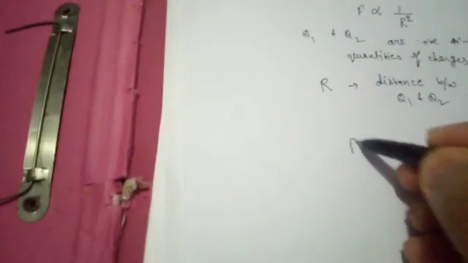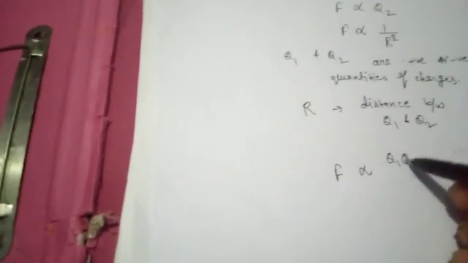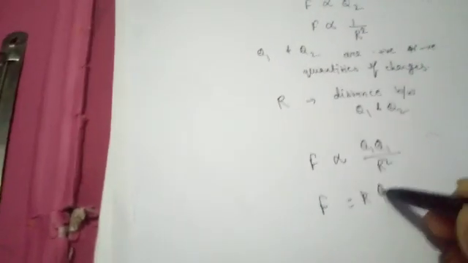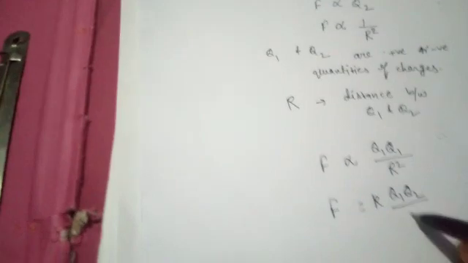Now we can write this equation as F is equal to K Q1 Q2 over R square.